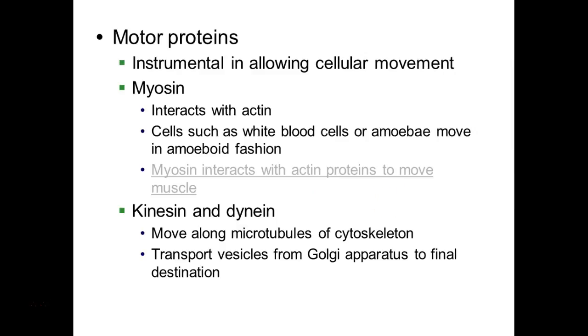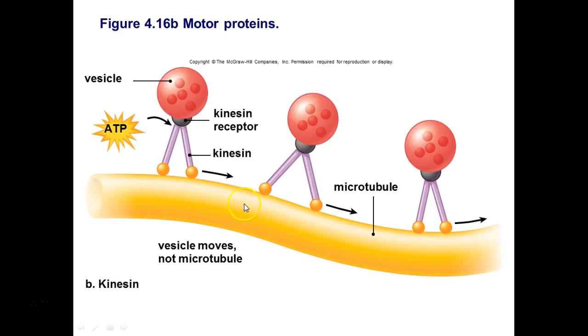So here we have kinesin and dynein, and this is an example of kinesin and dynein. Okay, so here's kinesin. Kinesin is a molecule that has these 2 stick-like leg structures, and they have receptors. The receptors attach to the microtubule, and they actually walk along here carrying something. Now here's a vesicle. Let's say we have a vesicle that needs to go from the endoplasmic reticulum to the Golgi apparatus.